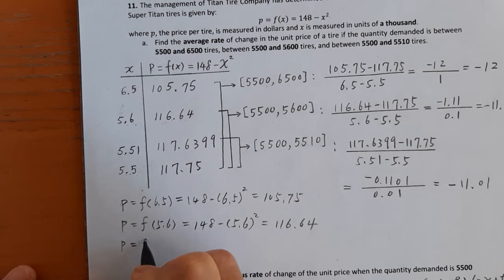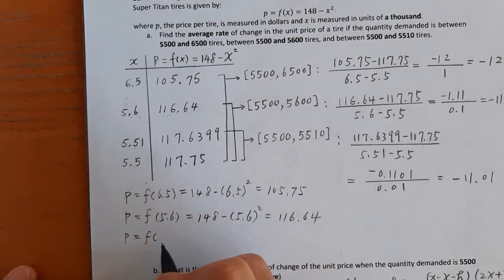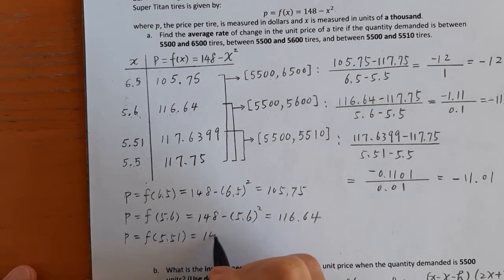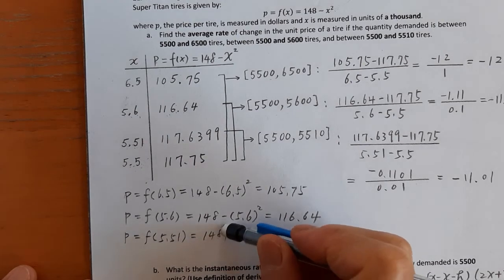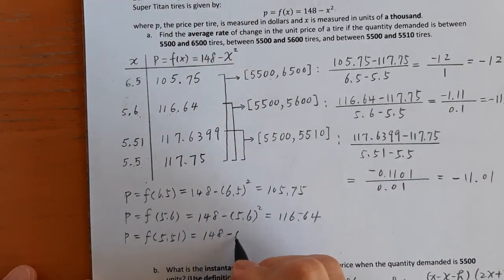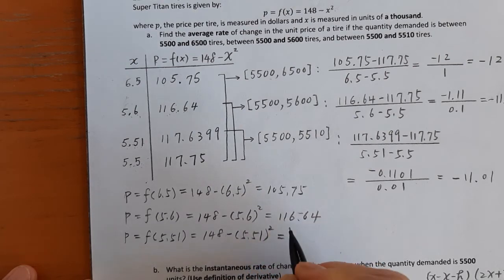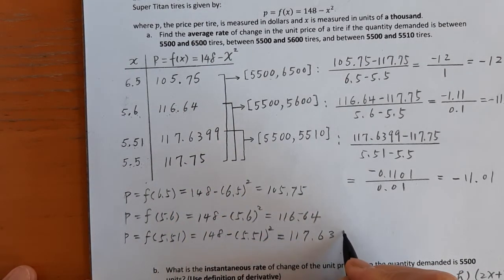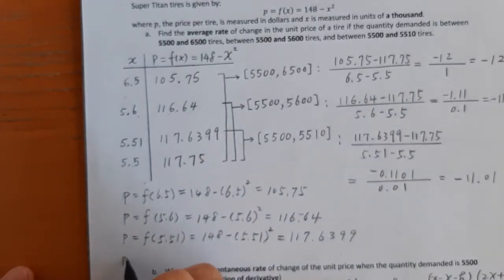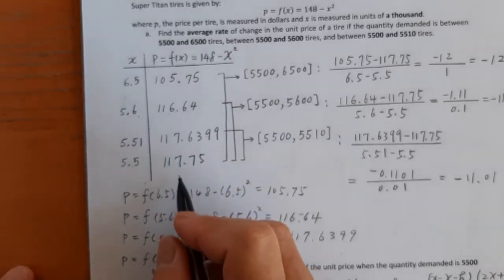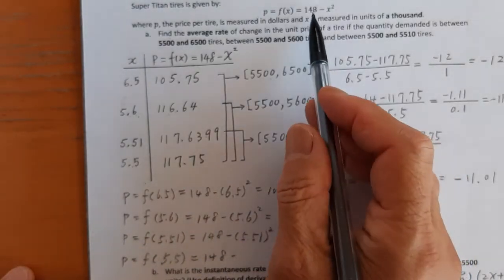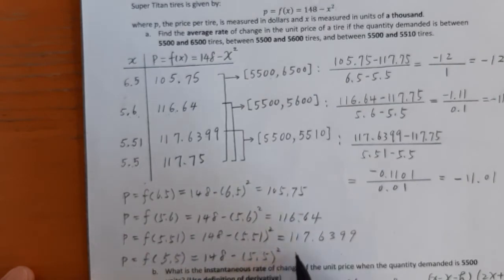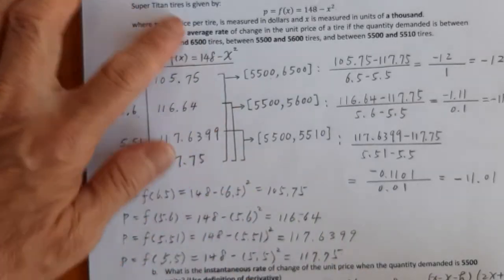The next one, price equals f of 5.51, which is 148 minus 5.51 squared, and using a calculator we get 117.6399. Then the price equals f of 5.5 thousand: 148 minus 5.5 squared gives 117.75.